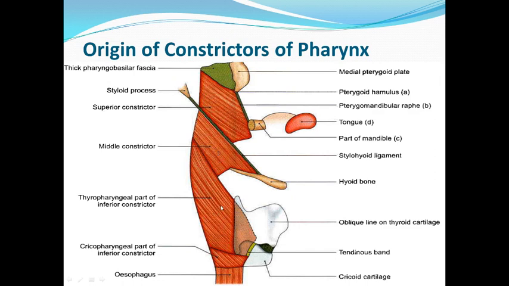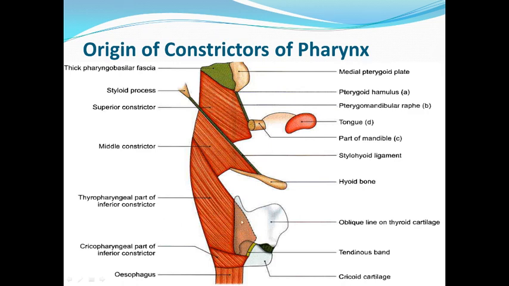Now talking about the inferior constrictor. The inferior constrictor has two parts. The first or upper part is the thyropharyngeal part, also known as the thyropharyngeus muscle. The lower part is called the cricopharyngeal part of the inferior constrictor, or cricopharyngeus muscle.